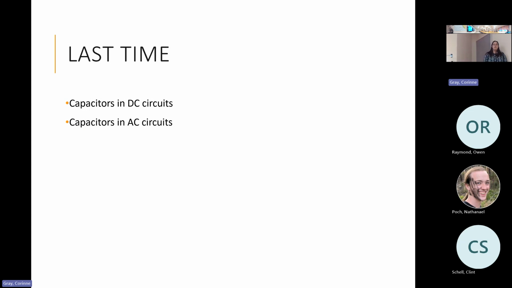As a reminder, with what we did for capacitors last time, we looked at them in DC circuits. We looked at charging and discharging. And then we talked about in the AC circuit, we have this new thing called reactance. For a capacitor, we see that as XC. It's 1 over 2 pi times the frequency of our source times the capacitance value.